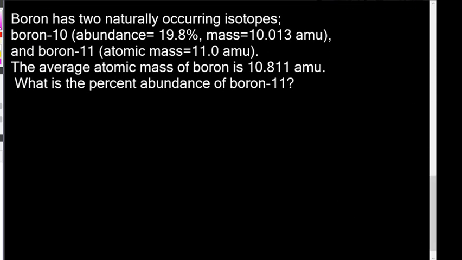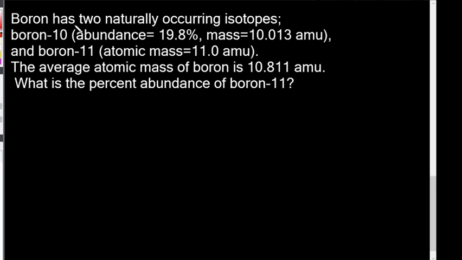What they can do is ask you to figure out one of the percentages instead of your average, or they can ask you to figure out one of the masses. So I'm going to show you how to do this because this is usually the one that tends to trip students up the most.